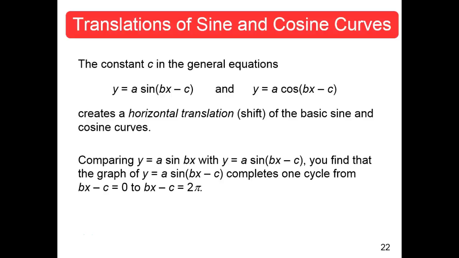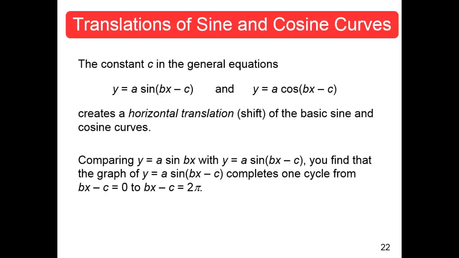So comparing y is equal to A sine bx with y is equal to A sine bx minus c, this is where the way they do it gets really strange. I mean, it's perfectly fine to do it this way. The bx minus c goes from 0 to 2 pi. Whatever is in here is going from 0 to 2 pi.